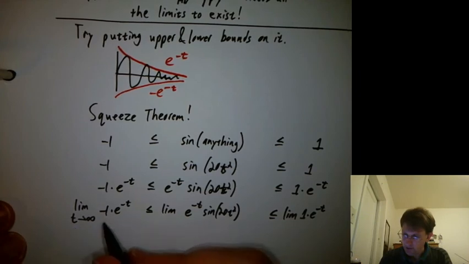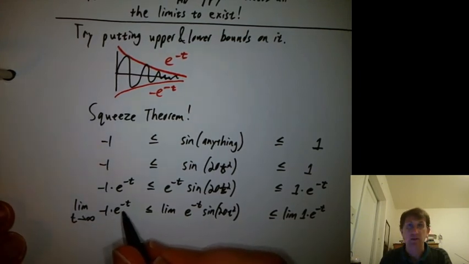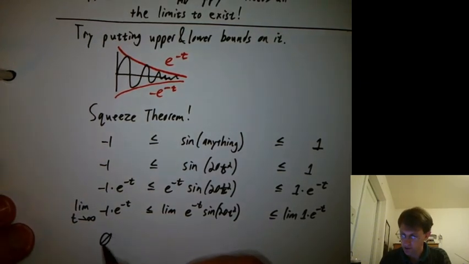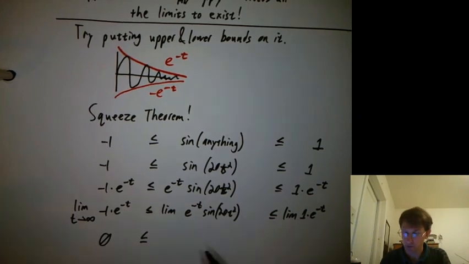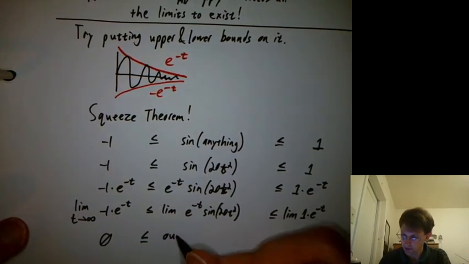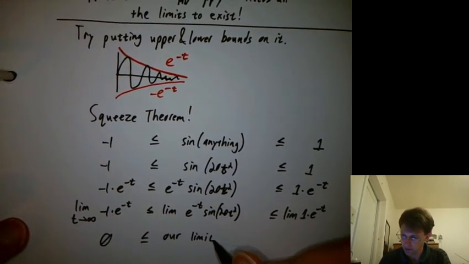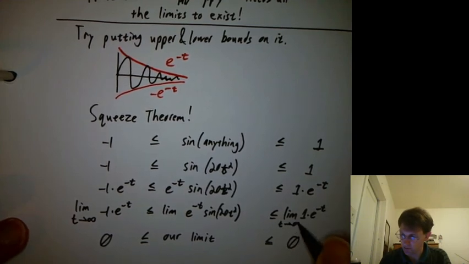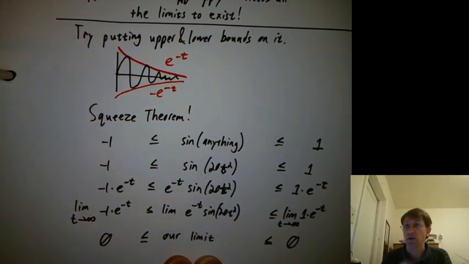And what is this limit? Well, e to the negative t is going to 0. -1 is just a constant multiplier. So here I get 0, less than or equal to the limit I was curious about in the first place, the one we were starting with. And what is this limit? E to the negative t is going to 0 as t goes to infinity. So our limit, whatever it is, some horrible thing, is between 0 and 0.